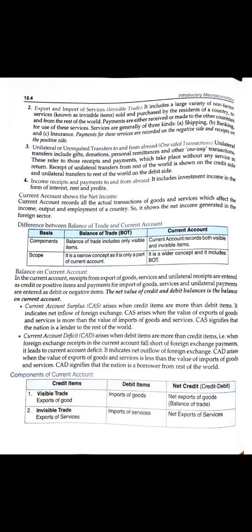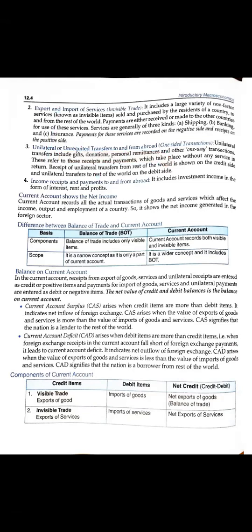The next one is unilateral or unrequited transfer to and from abroad. That is a one-sided transaction. Unilateral means it's one side. It is just like a gift, donations, or personal remittance.